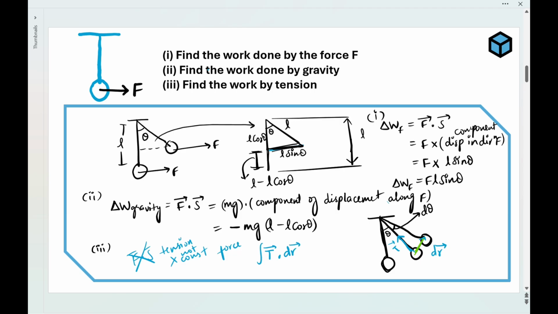Here T is nothing but tension, but as it's a force we are writing T instead of F. So it's the delta W. You can see we can write this as the integral of T into dr into cos of the angle between them. And if you look closely, for a small change this angle is nearly 90 degrees. So we can write this as cos 90 degrees, which eventually becomes 0. So the work by the tension in this case is 0 because tension is always perpendicular to small displacements.